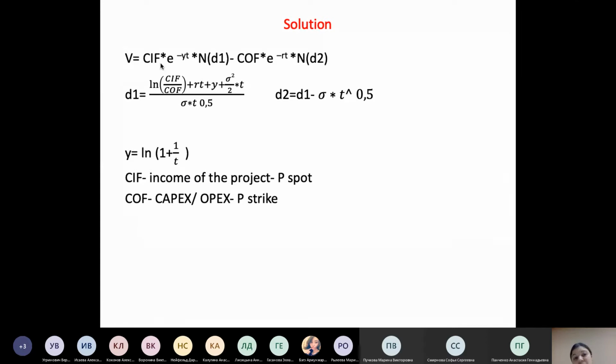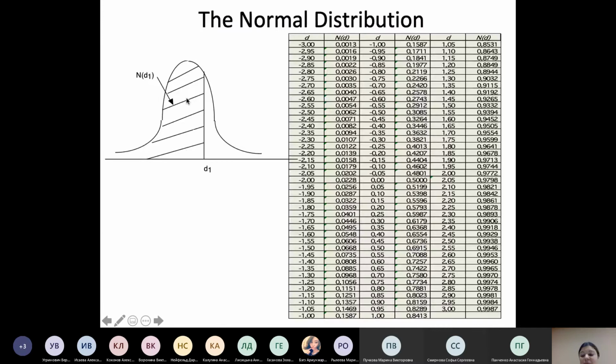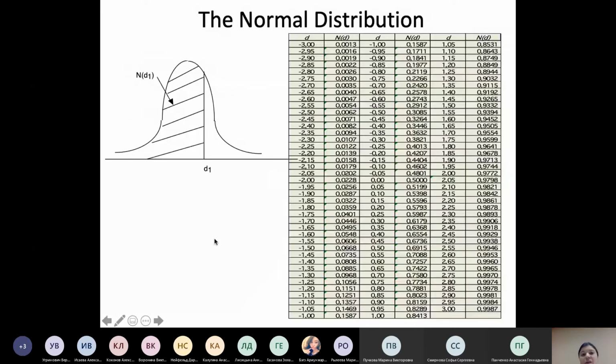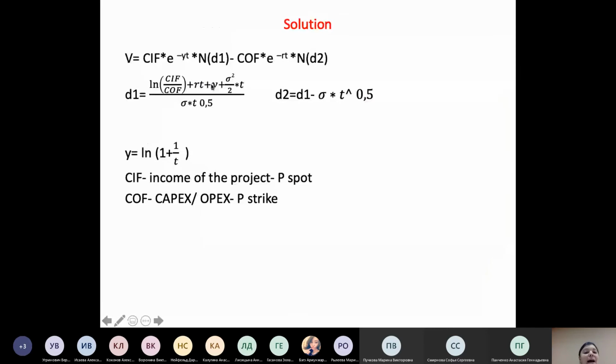It will be our current inflows, the current benefits of the project, multiplied by the constant e to the extent minus YT, where Y means our losses after delay, after changes in the parameters of the investment project.